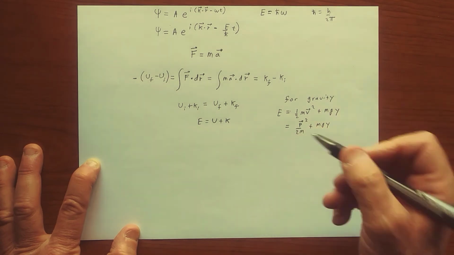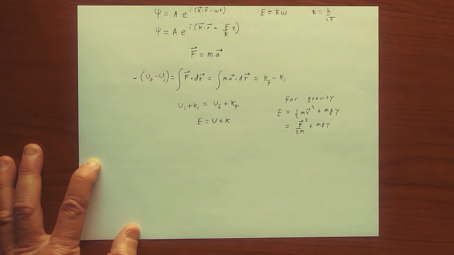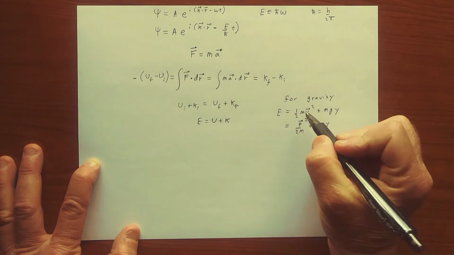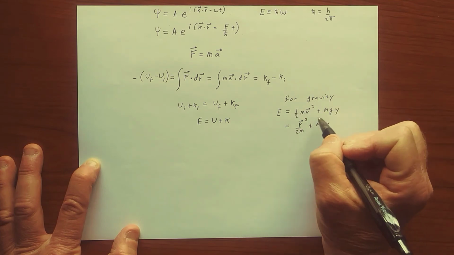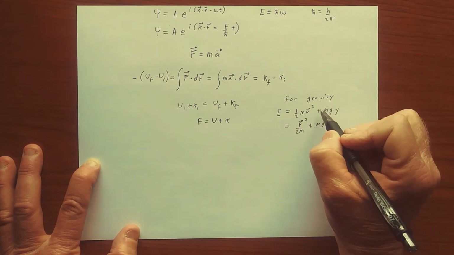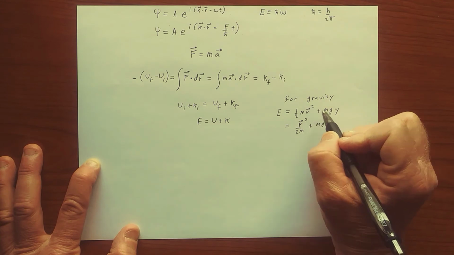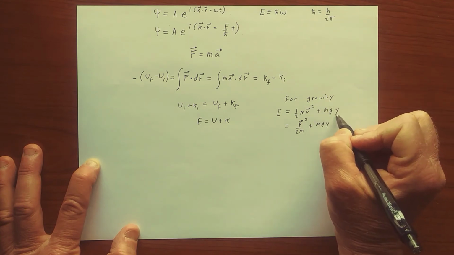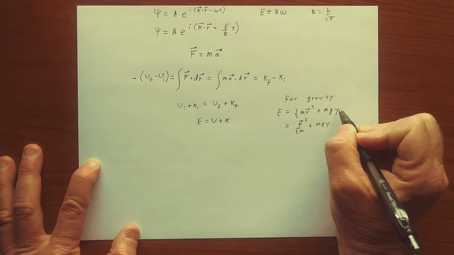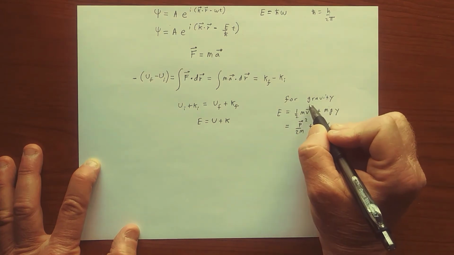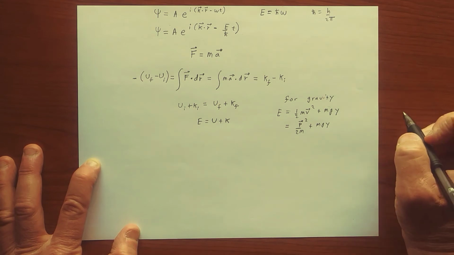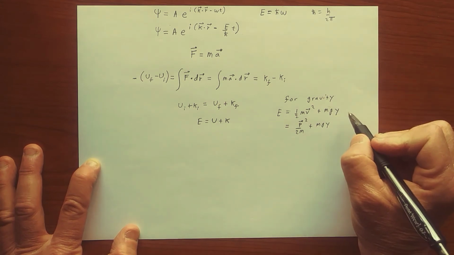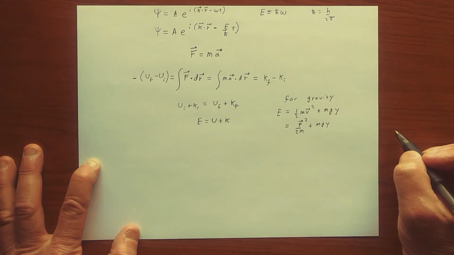So, for example, if we drop an object from some known height, we can figure out how fast it's going at different heights by applying energy conservation. If we drop an object, the energy has only the mgy term. Say the height is known, it's h, then this becomes mgh, and it's dropped, so the kinetic term is 0, and then we set this equal to the energy at the bottom, when the object hits the floor.